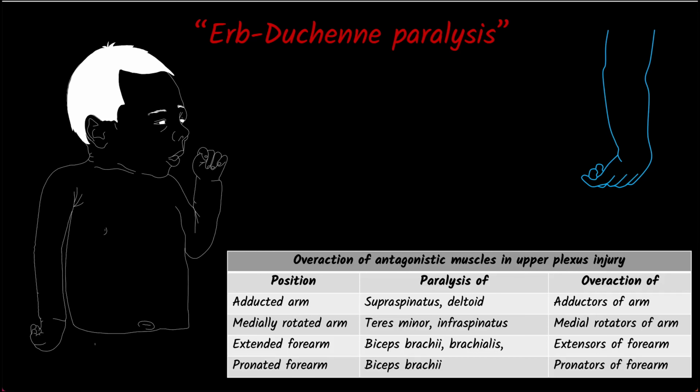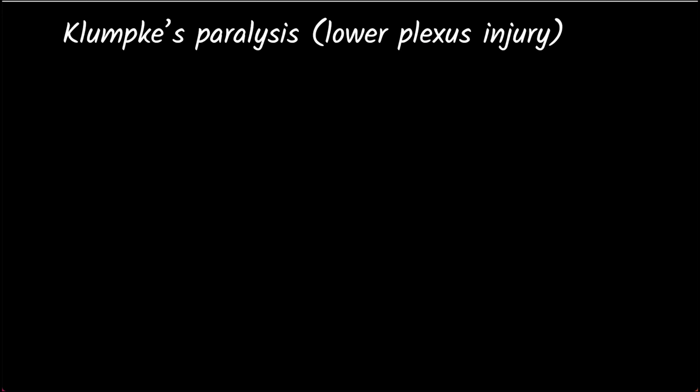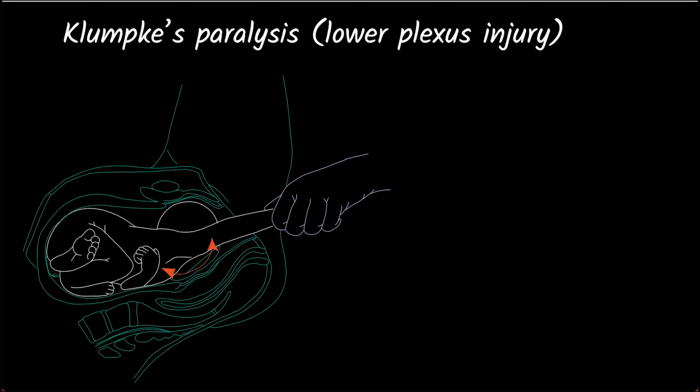Now let's look at the injuries which are affecting the lower plexus, and that is famous by the name of Klumpke's paralysis. Now look at this neonate at the time of delivery. The upper limb of this neonate is coming out first rather than the head, and now the obstetrician is trying to maneuver it, and as a result what will happen?